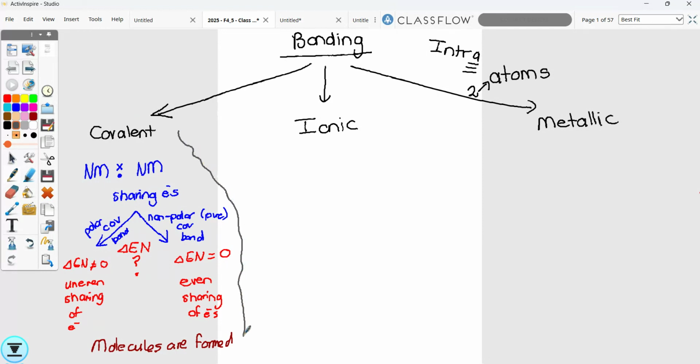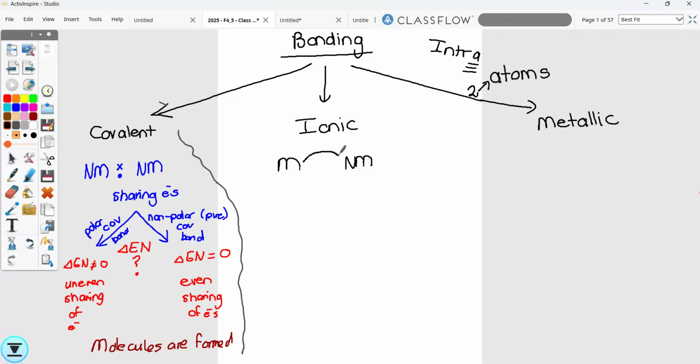Now, for ionic, how do you know that it's ionic? It's going to be a metal. Ooh, that's a very ugly M. It's going to be between a metal and a non-metal atom again. Remember, we only look at 2 atoms. So what's going to happen? What's a metal going to do?